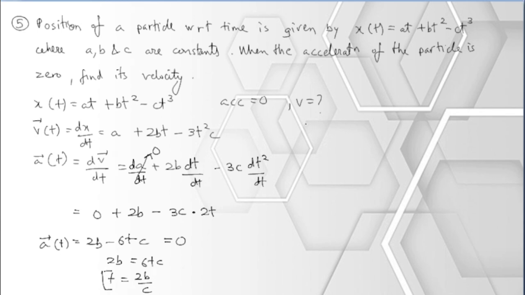velocity expression you already have. What? Velocity is a plus 2bt minus 3ct squared, right?